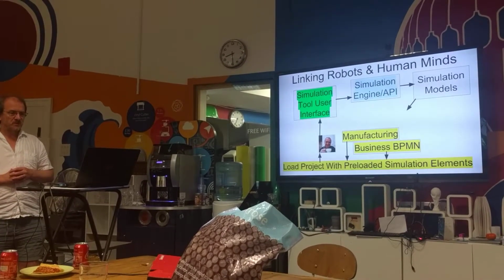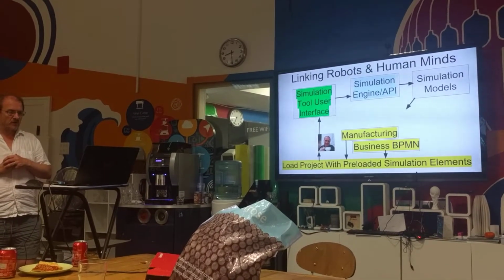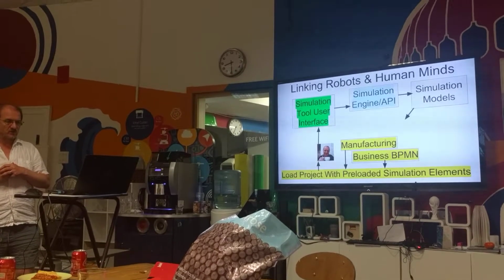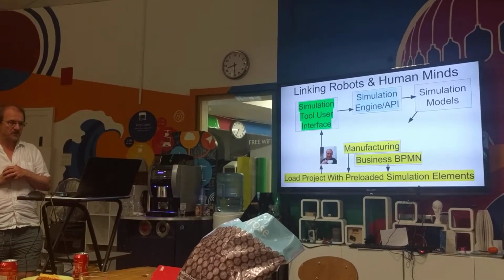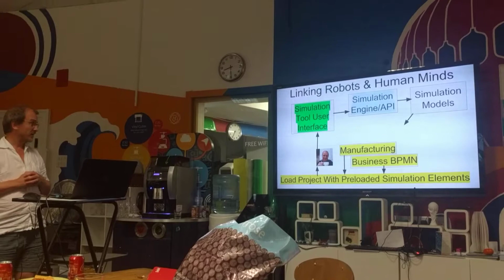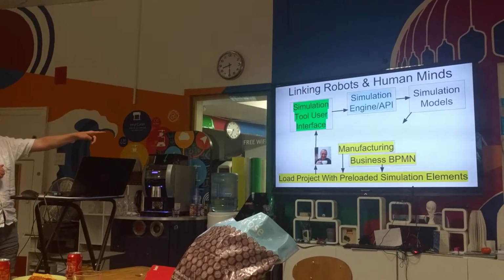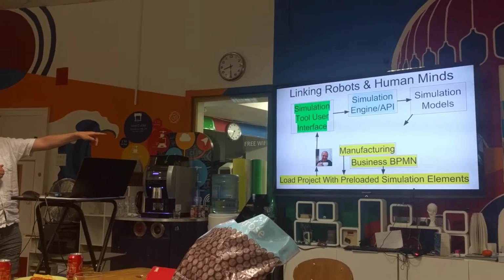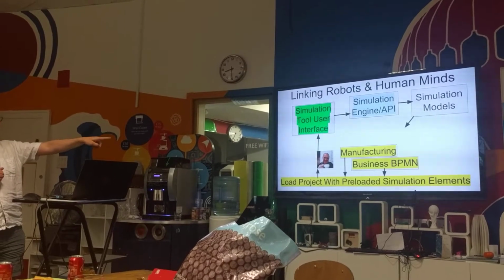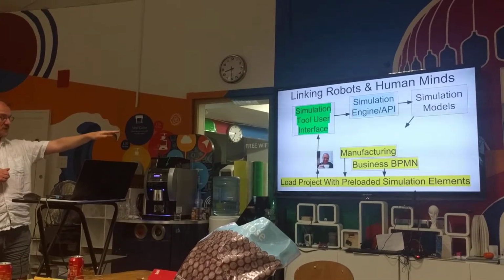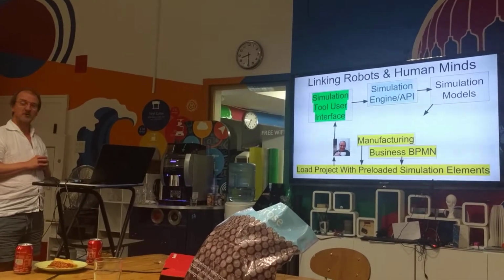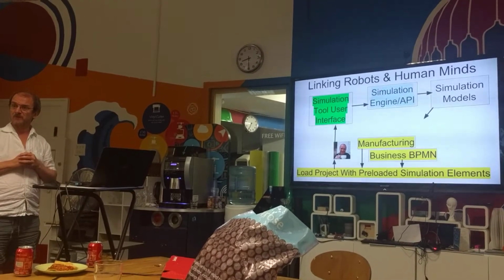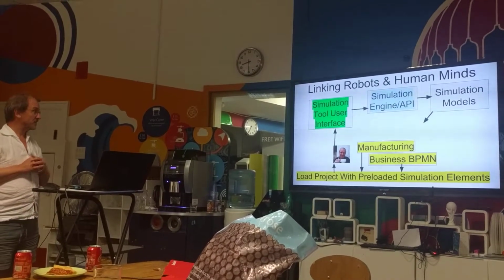So how are we going to do this? You're catching on so far, you can see where I'm heading. As I mentioned, you've got manufacturing or alternatively a business BPMN, business process modeling notation. That's the Biagi tool that you load up in your simulation engine.